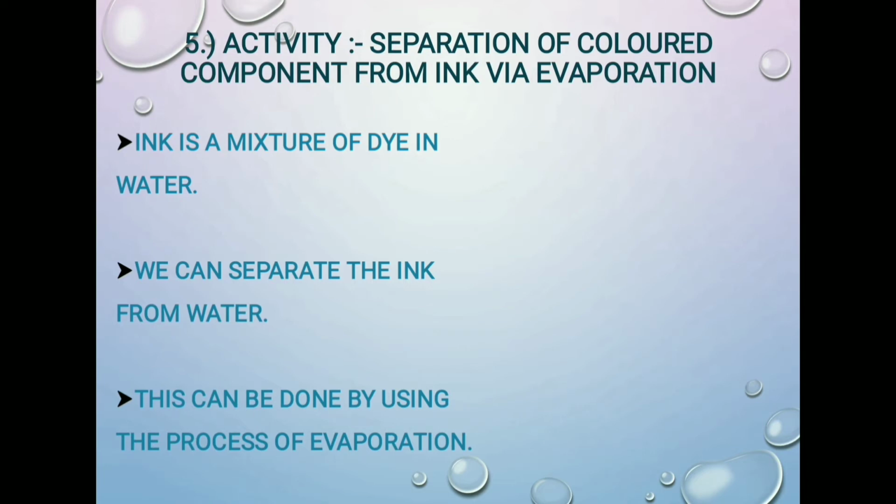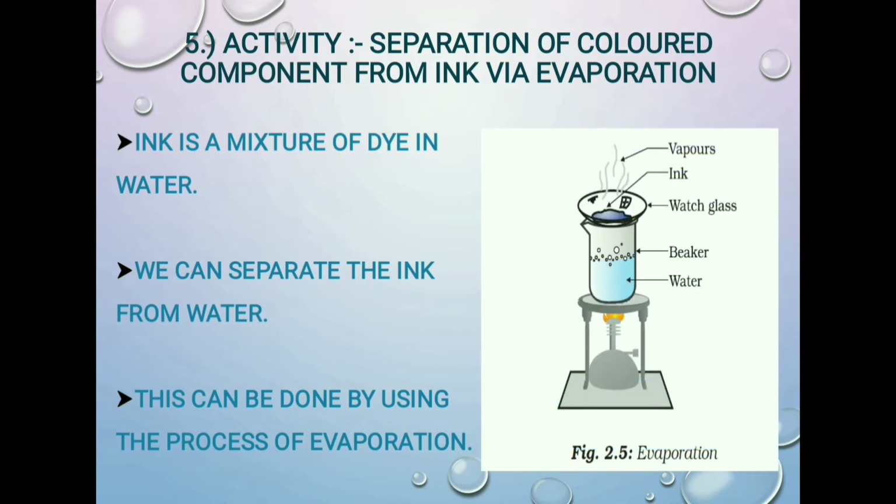This method is used to separate a solid substance when it is dissolved in water or any other liquid. For example, ink. Students, ink is not a single or pure substance. It is a mixture of dye in water. So, we can separate the colored component or dye of the ink from water by the process of evaporation.